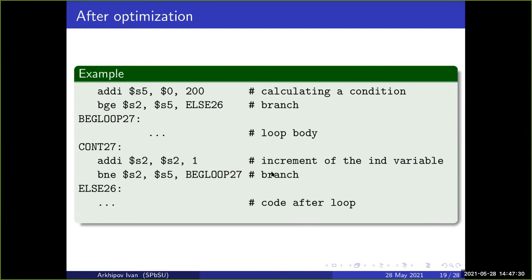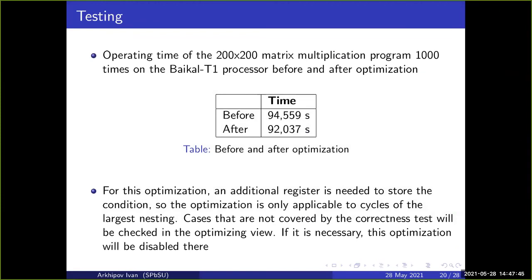And every loop iteration we only make this command, and that's all. We don't recalculate the condition. Yes, it works, and the matrix multiplication program works faster than the previous version.